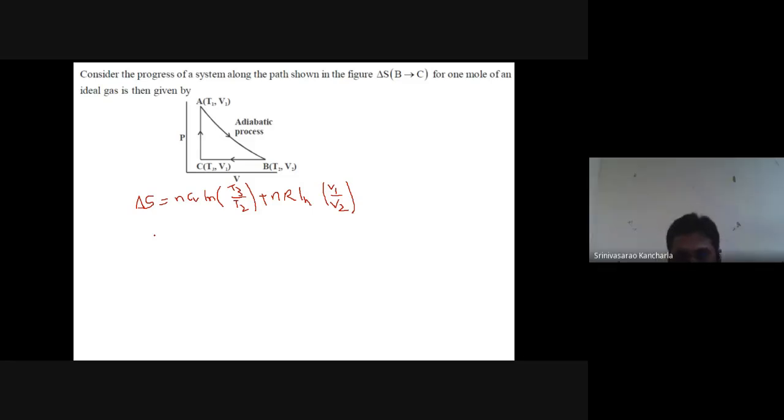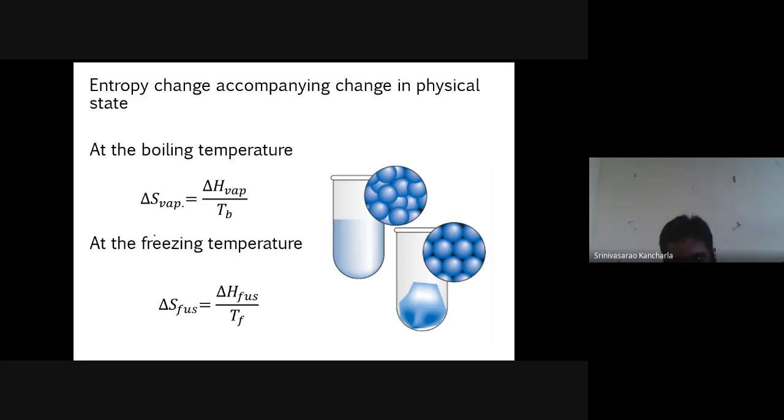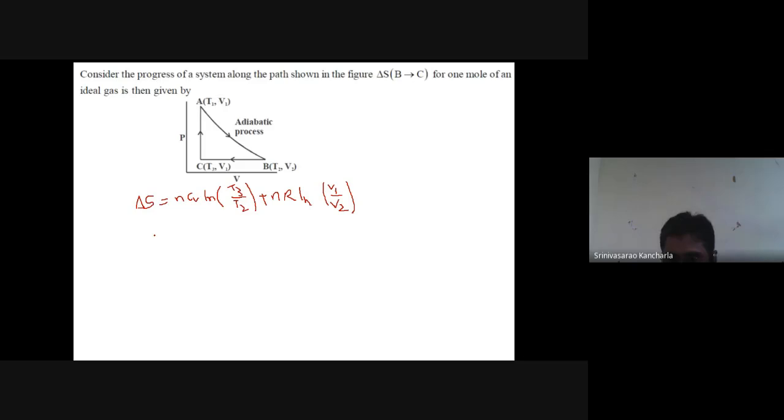So now entropy. Whatever we have discussed so far, entropy change due to temperature change or due to volume change, all these are when you have the same phase. When your gas is compressed but the final state of the system is again gaseous, or liquid to liquid, or solid to solid, there is no phase change.